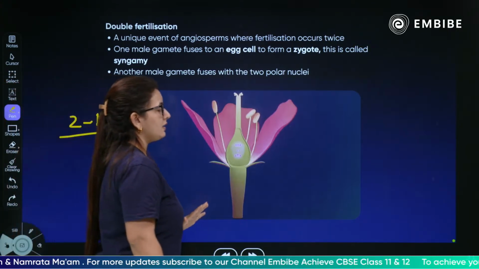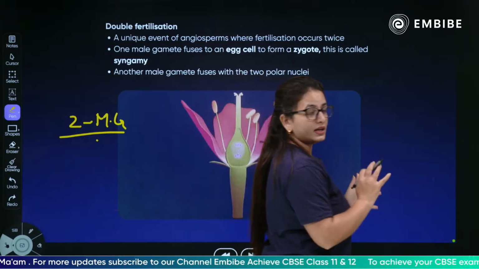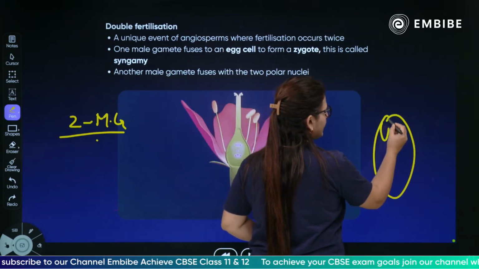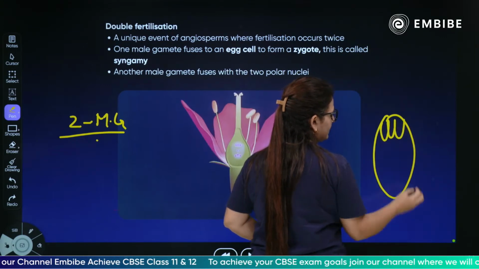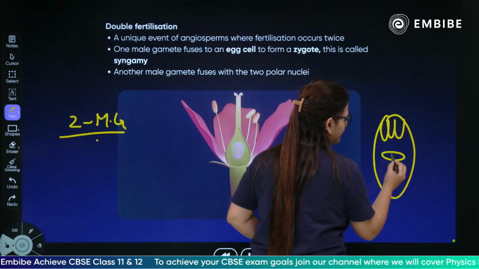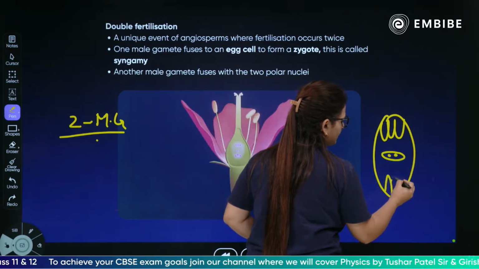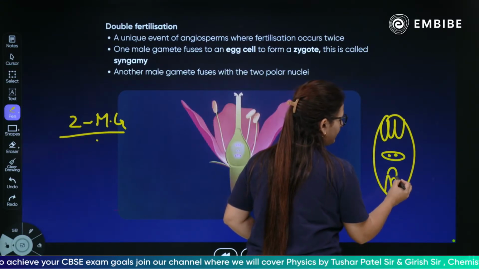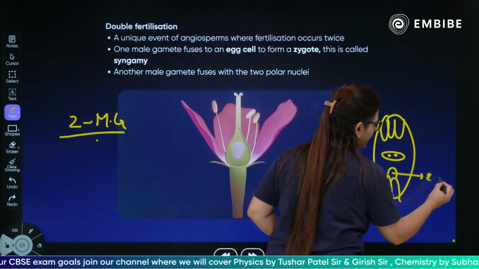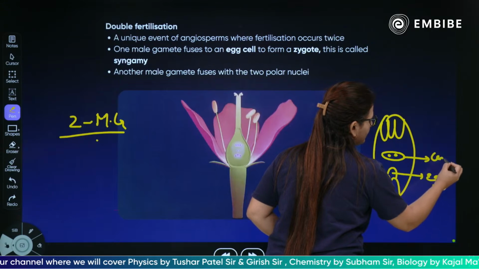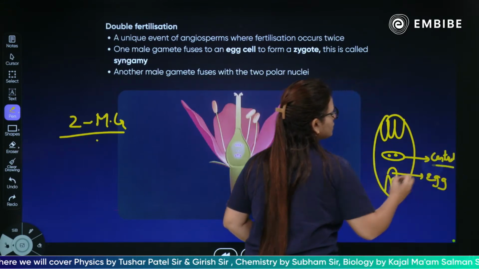Before that, a quick recap of what we have studied. There are three antipodal cells. There is one central cell having two polar nuclei, two synergid cells, and one egg cell. Just giving a quick structure review.